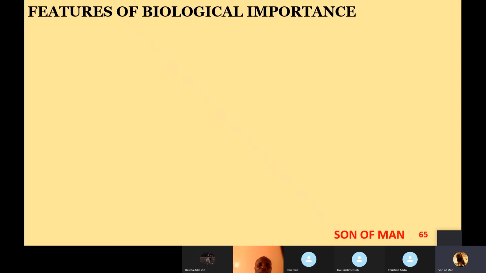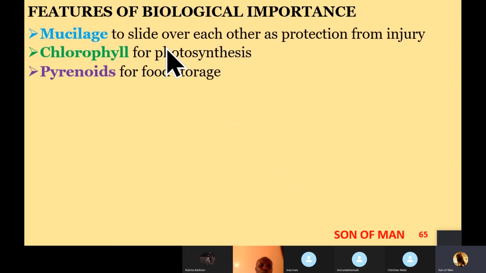Now we got features of biological importance, which we've mentioned a lot as far as amoeba, paramecium, and euglena is concerned. So structures on the organism playing a very important role, and biologically, the scientists can easily identify. So the first one is the mucilage, the outer covering of the cell wall. And we did indicate that it is protecting the Spirogyra filament from mechanical injury.